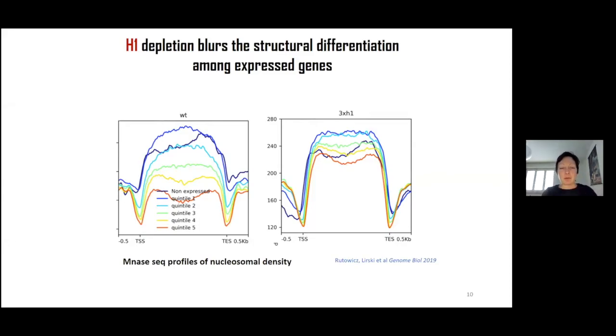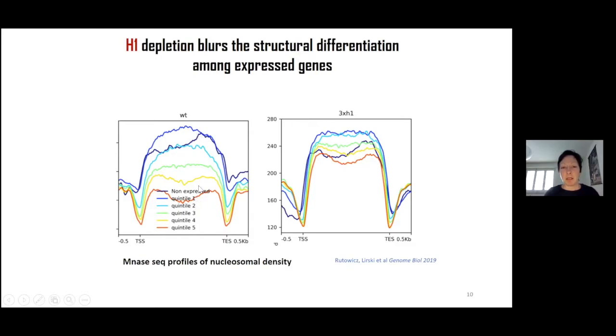On the graph, you have a plot showing the nucleosome density among genes which are either highly expressed, the dark blue line, or moderately expressed, the orange line, or genes which are poorly or not at all expressed, the blue line. So you have different classes from highly expressed to poorly expressed.